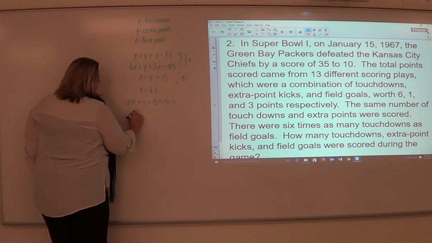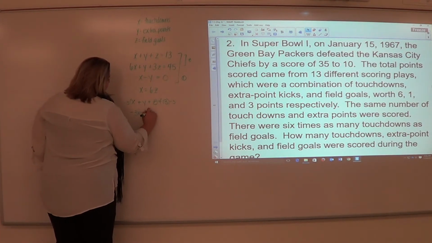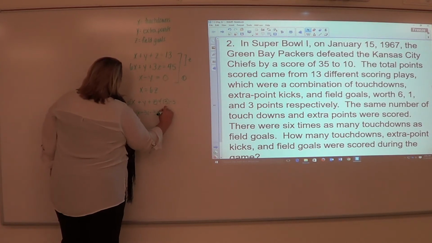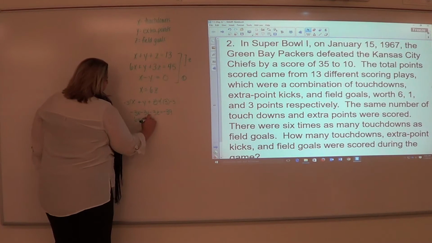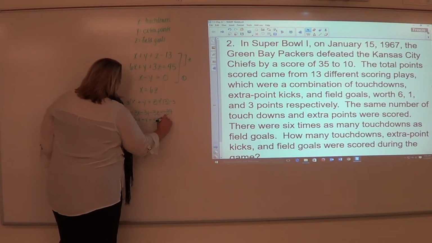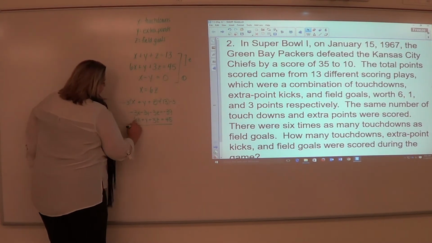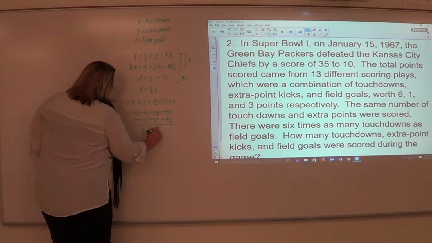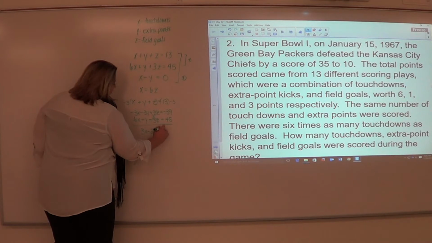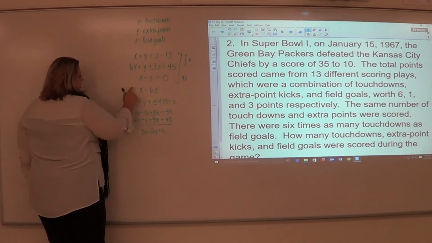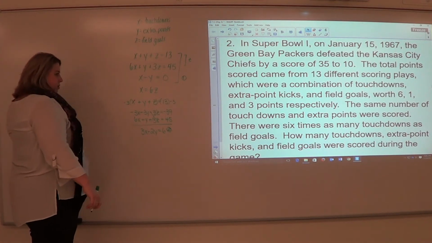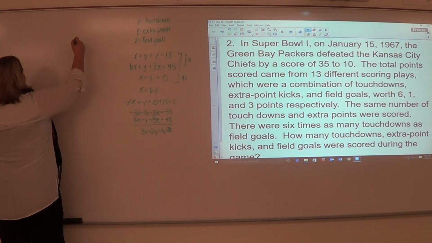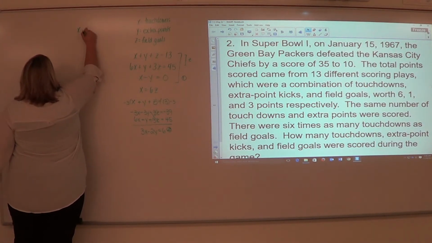So it would be -3x minus 3y minus 3z equals -39. So then you'd have 3x minus 2y equals 6. So there's equation 1, here's equation 2. And then we're going to put those 2 together.